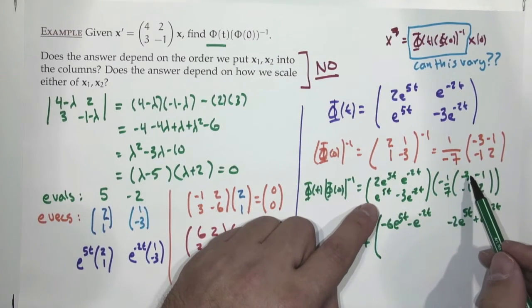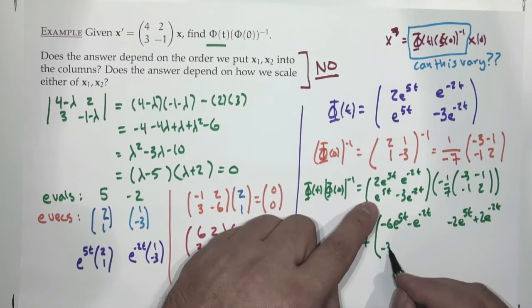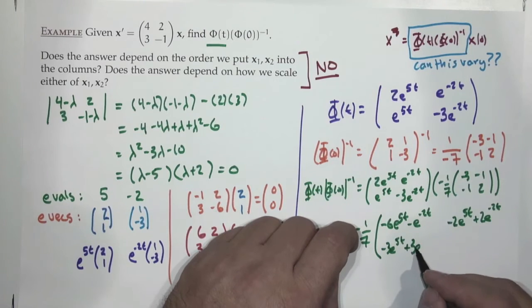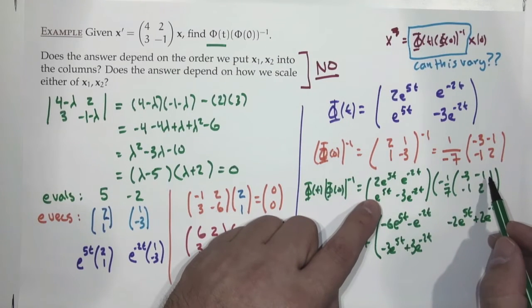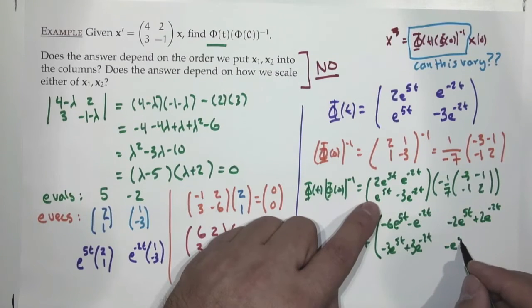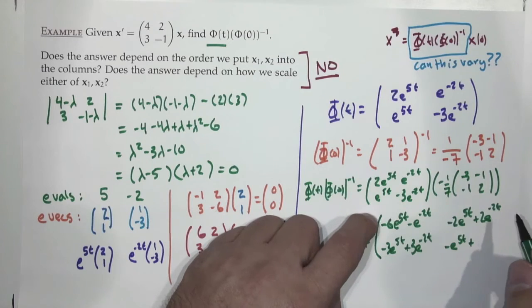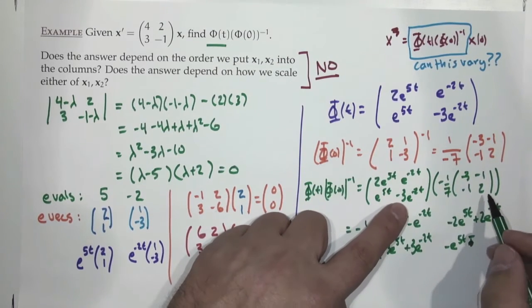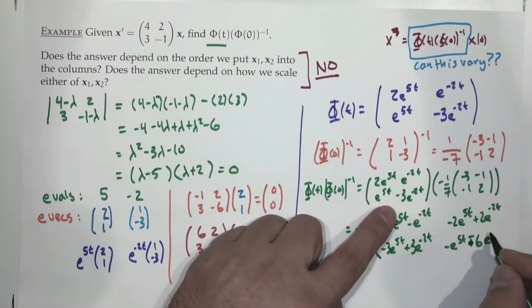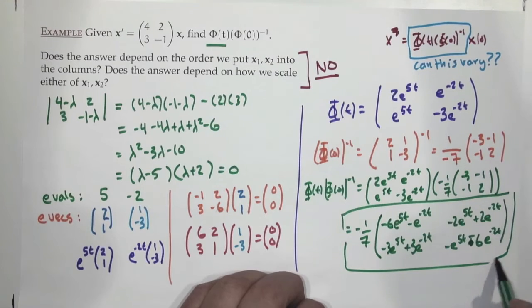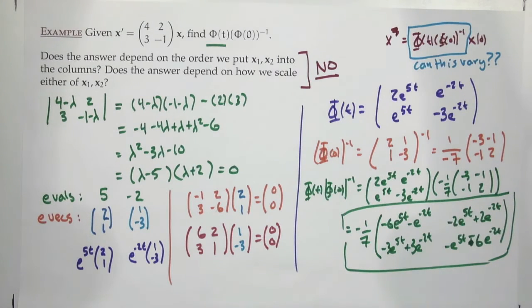And coming down, minus 3 e to the 5t plus 3 e to the minus 2t, and minus e to the 5t plus 6. Is that right? No, sorry, minus 6. Because there's a minus 3 there. Minus 6 e to the minus 2t. And we've got it. All right, any questions about that?